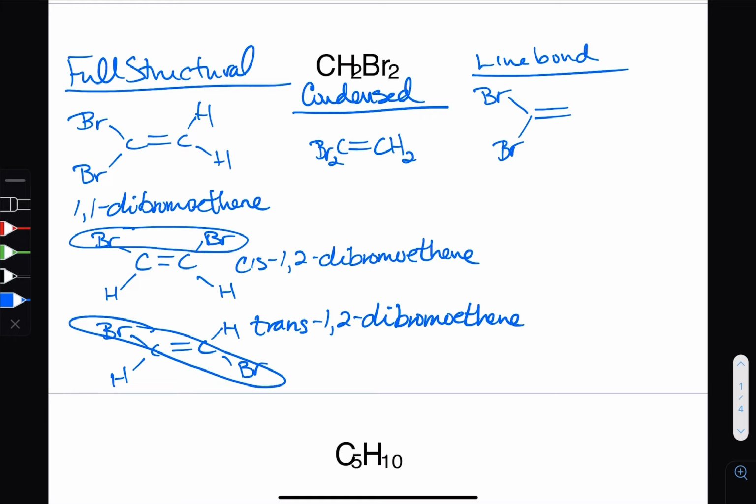Now, how would we draw the condensed structure for those ones? Well, what we'd do is we'd say BrCH, and then CHBr. Now the Brs are on the outside right here because we definitely want to indicate that you're not double bonding a bromine to anything.